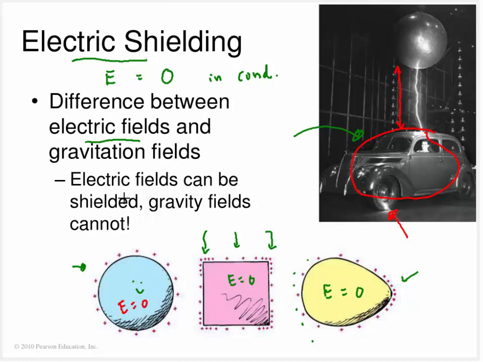Another implication is that we can shield electric fields, but as of right now, we cannot shield gravitational fields. Other implications: you can actually put metal inside of a microwave, but you can't put sharp metal inside of a microwave. If you were to put a spoon inside of a microwave, the spoon has lots of rounded edges, and the charges are going to slosh around, but they can't really jump off because they don't bunch together.